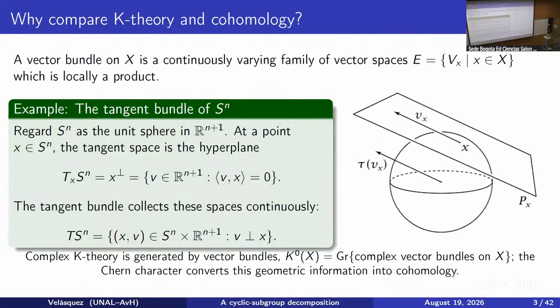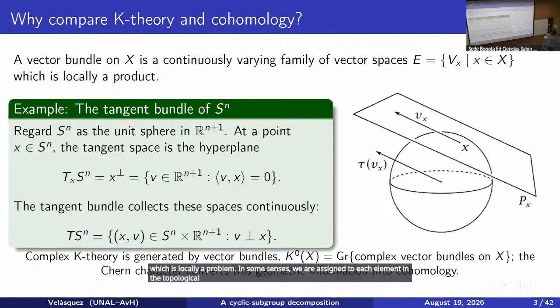Okay. So, what is a vector bundle? A vector bundle on a topological space X, you can think of X like a manifold, for example, is a continuously varying family of vector spaces, which is locally a product. In some sense, we are assigning to each element in the topological space a vector space, but in a continuous way.